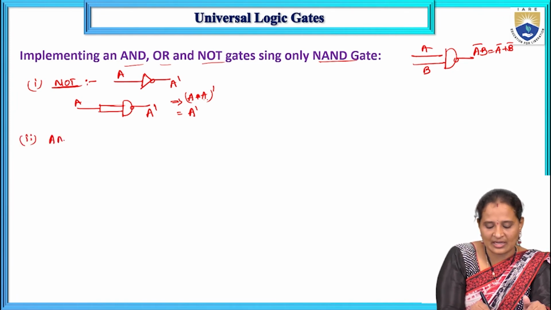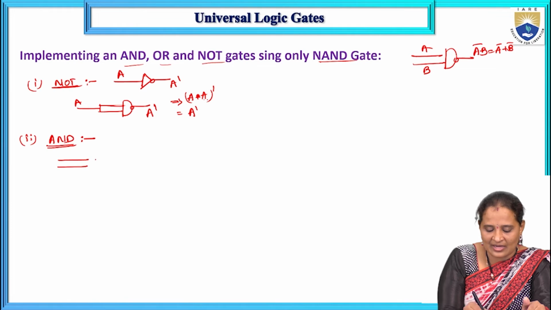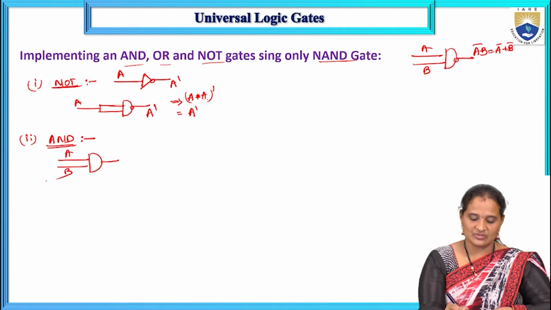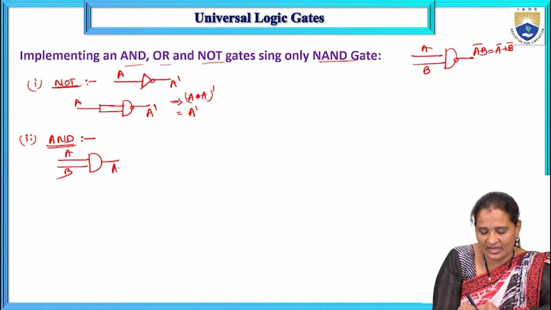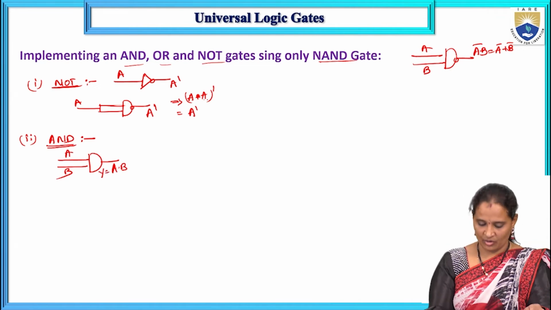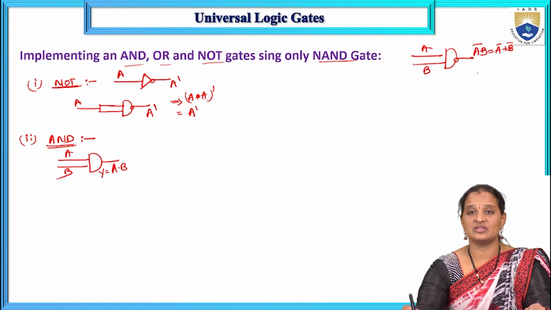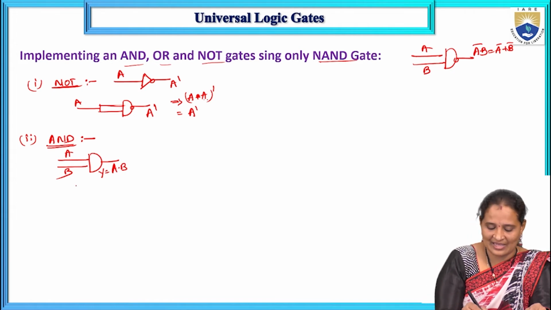Now let us discuss how to implement an AND gate using NAND gates. First of all, what is an AND gate? The AND gate is this one. If I give 2 inputs, it produces the logical multiplication, that is A dot B. So let us consider Y is equal to A dot B. Now I want to implement this using a NAND gate.